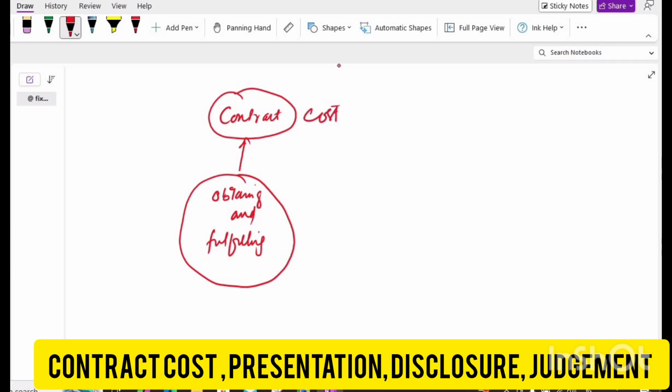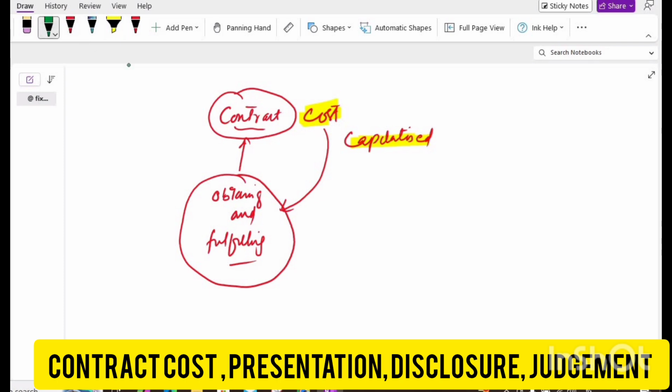Okay, and that cost need to be capitalized. So when you are obtaining a contract or fulfilling a contract, then you have to incur some cost, and that cost need to be capitalized.